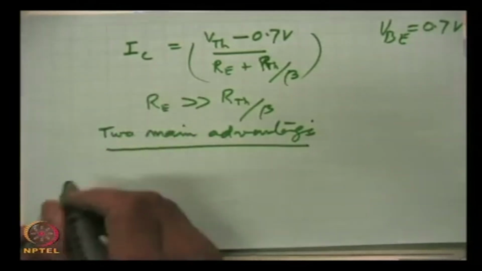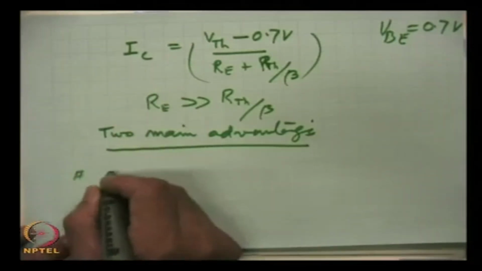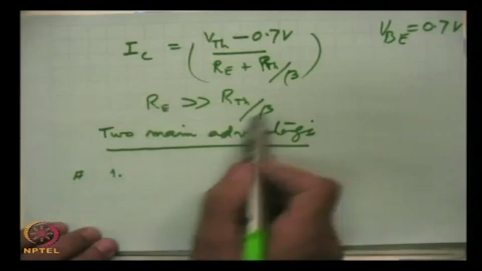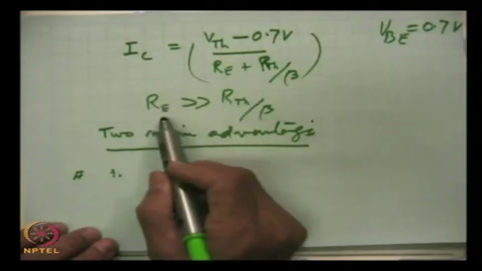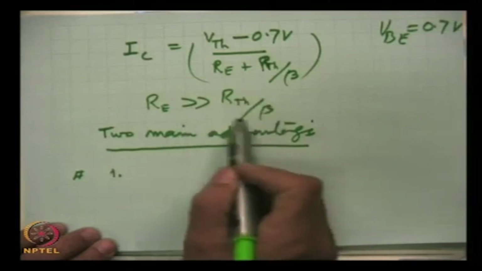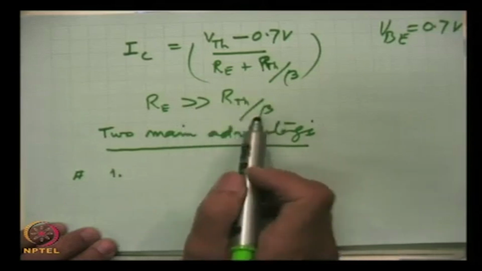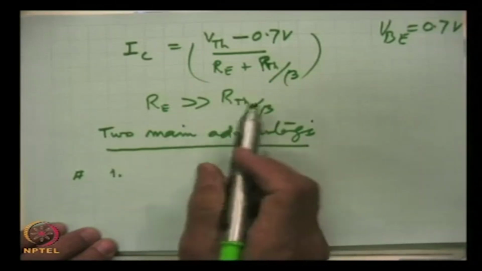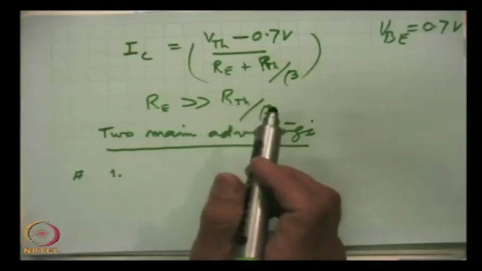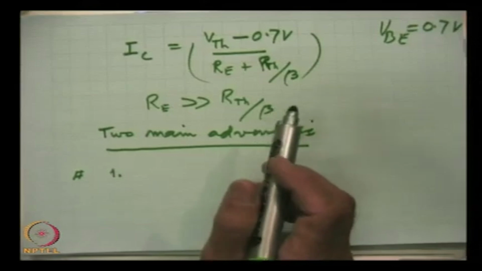The first is that the condition that RE should be quite large in comparison to RTH by beta is better satisfied by the Theveninized circuit.